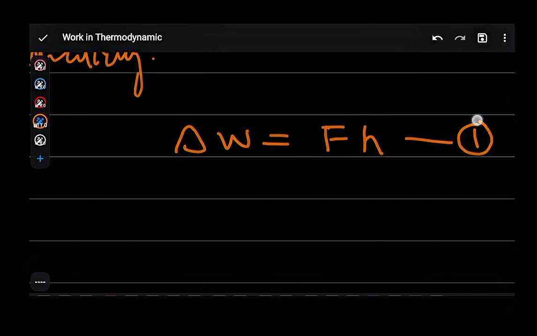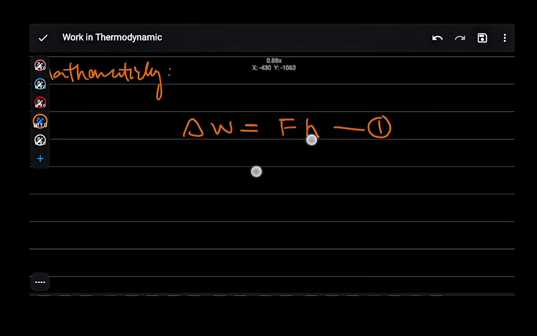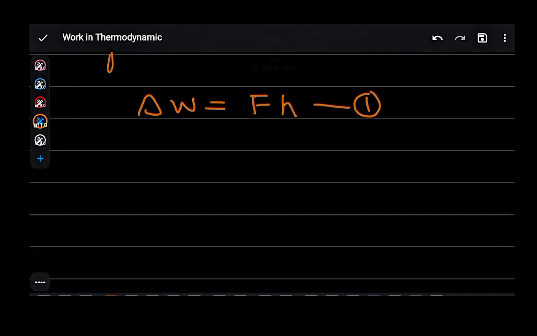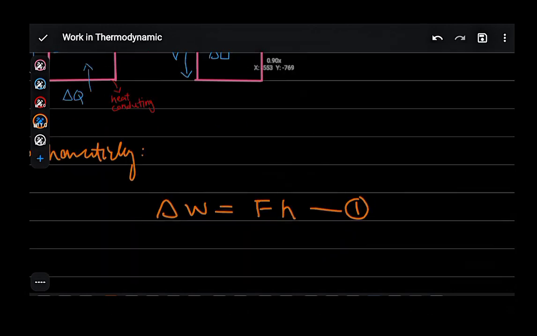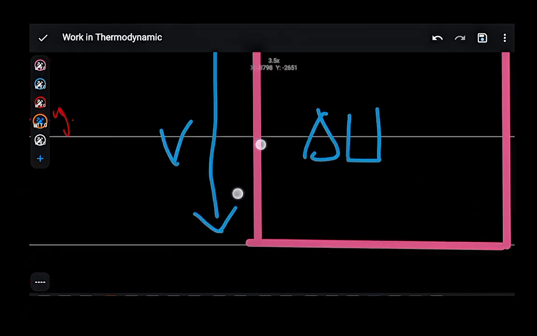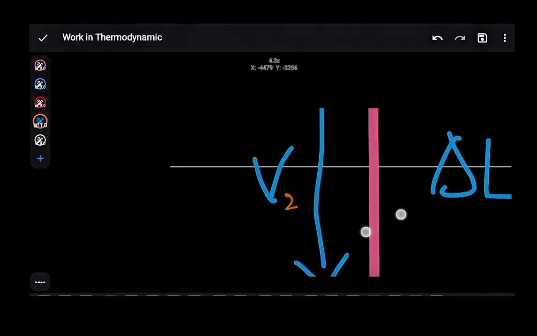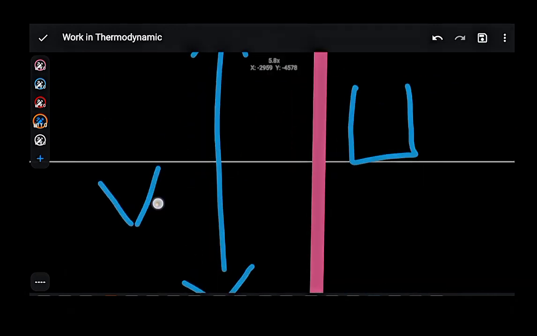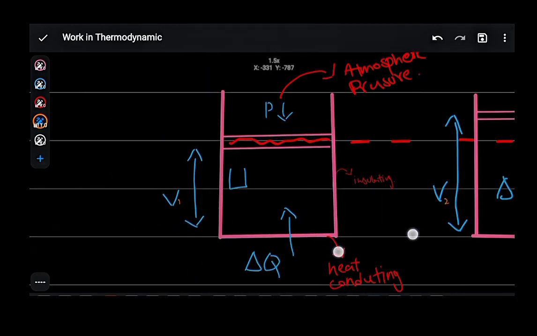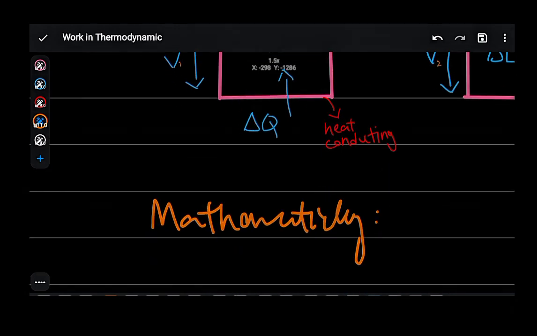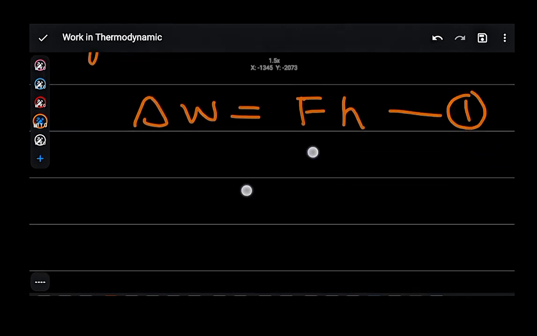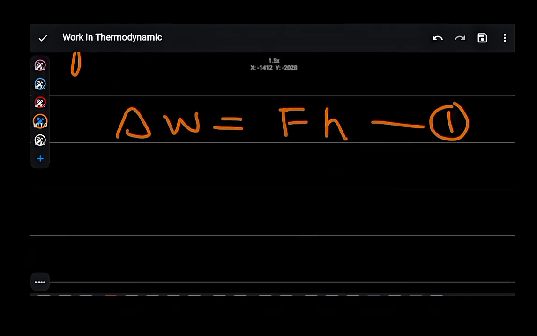Here W is the work done. We can also call the volumes V2 and V1, the final and the initial. So this is basically the equation of work done.